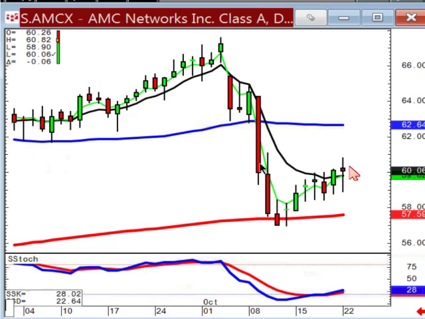Yeah, this didn't bother me. Now, had it started trading below the low of yesterday, that's a lot of selling pressure. That would probably have been something more to be concerned about. That's probably where I would have stopped out.